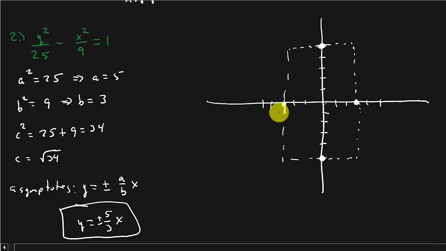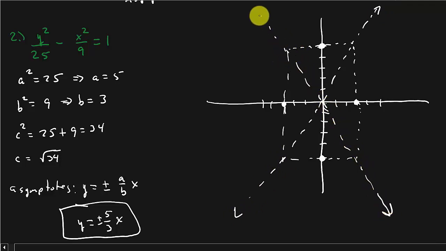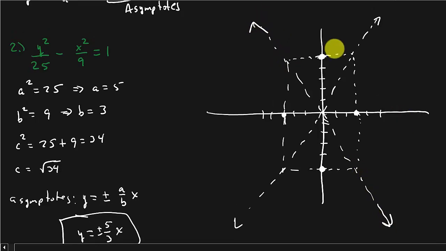I mean, I'm throwing them in there. So let's draw our asymptotes in there. And we know, the y squared is first. So we know that this thing's going to open up and down.